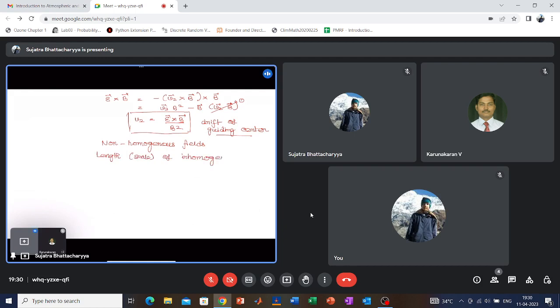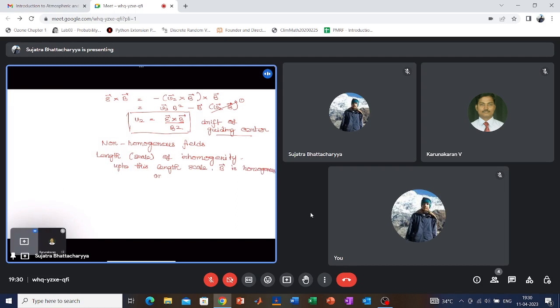What is this? Up to this length scale, B is homogeneous. After that it becomes inhomogeneous, meaning it will start varying with space.